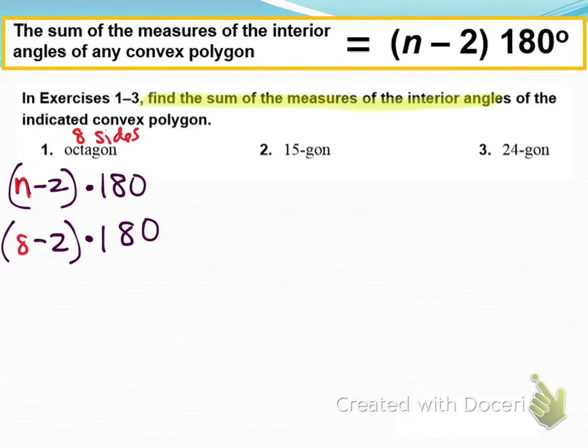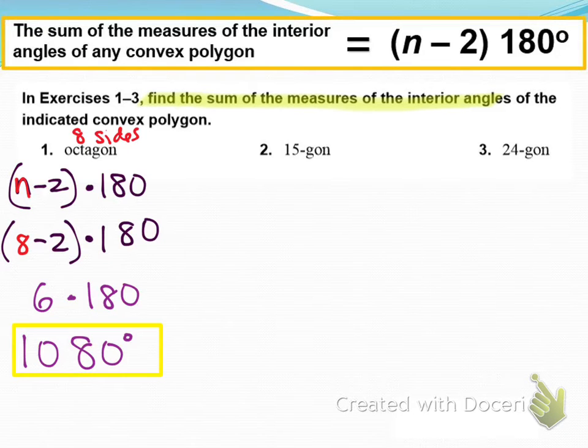So how many triangles are there going to be in an 8-sided shape? 6 triangles. They're 180 apiece. So 6 times 180 makes 1,080 degrees. So in every single octagon, that's how many degrees are inside.